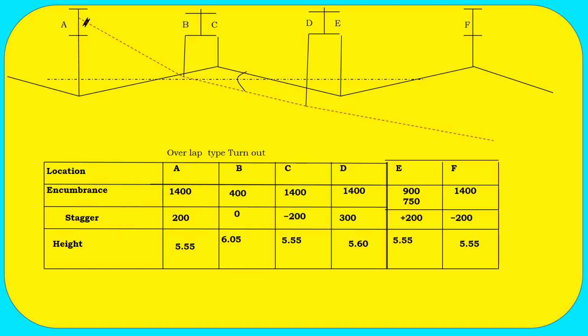A continuity jumper or G jumper is provided to make continuity of power supply from the mainline OHE to the turnout OHE. It is clear, friends? I think it is clear now.